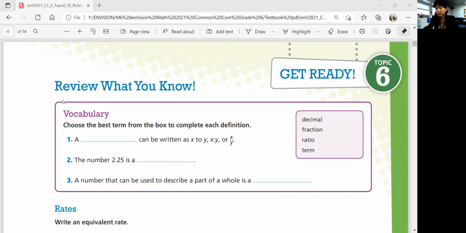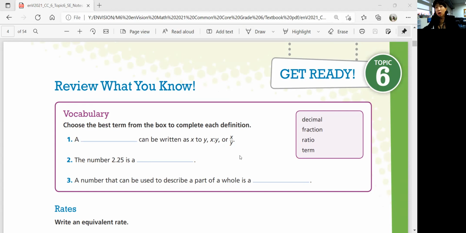First, look at vocabulary. Choose the best term for the box to complete each definition. We got decimal, fraction, ratio, and term. So number 1, a blank can be written as x to y, x:y, or x over y.